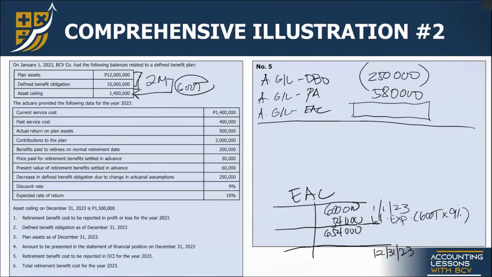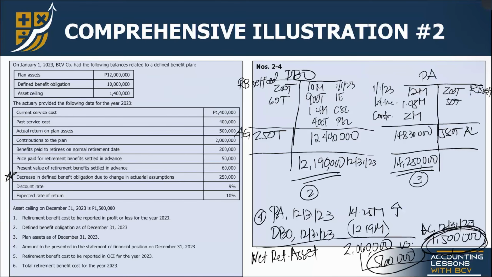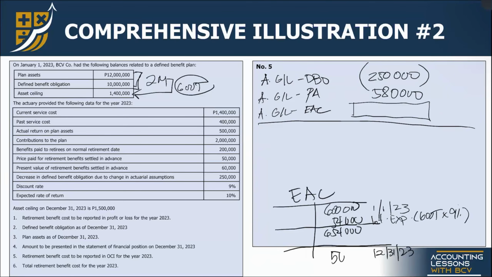Balik tayo sa previous slide natin. Meron ba? Yes. 560,000. Lagay natin yan dito. Ano nangyari? Bumaba, tumaas. Di ba bumaba? So, ibig sabihin, dito natin ilalagay yung difference nila. So, 654 less 560, meron tayong 94,000.